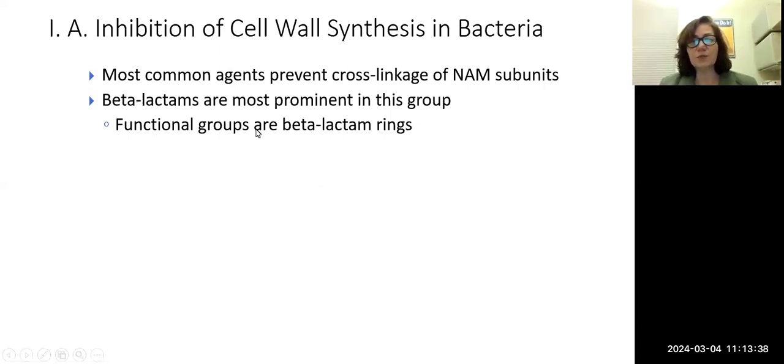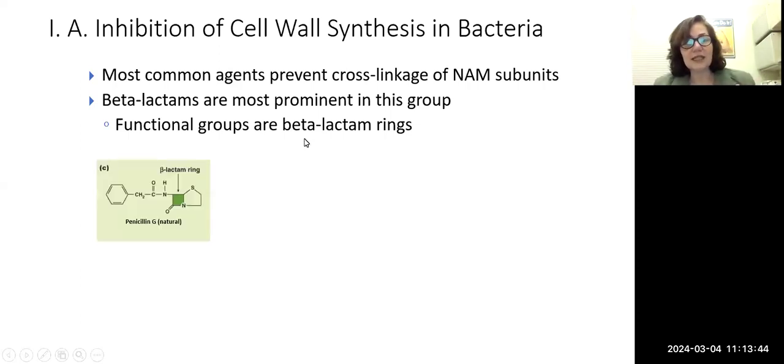Okay, so the functional groups are beta-lactam rings, and what that means is chemically the bit that does the work is what's shown here. This is penicillin G. This is the thing that comes from penicillium. This shown in green, this is the so-called beta-lactam ring. It's some carbons and then nitrogen in one corner, carbon with a double bonded oxygen. Doesn't matter. Point is, this green thing, that's what interferes with the enzymes that bind the NAM units together.